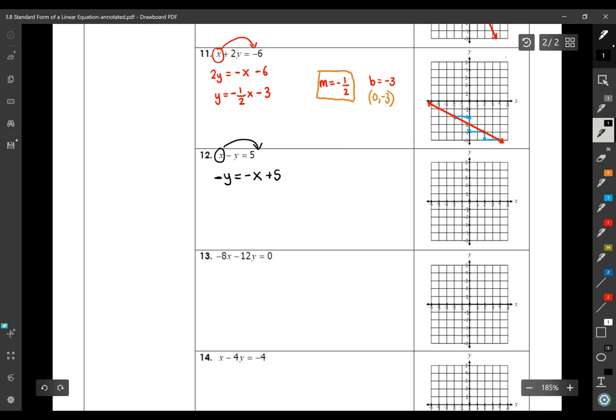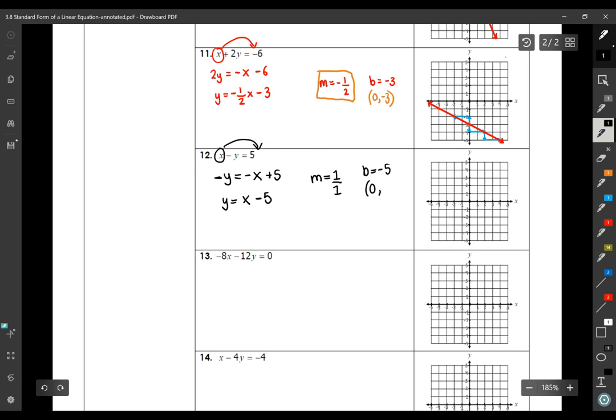Now we're going to divide everything by negative 1. So we're going to have y is equal to positive x minus 5. All right. So that means our slope is 1, which means 1 over 1. Okay, rise 1, run 1. And our y-intercept is negative 5.